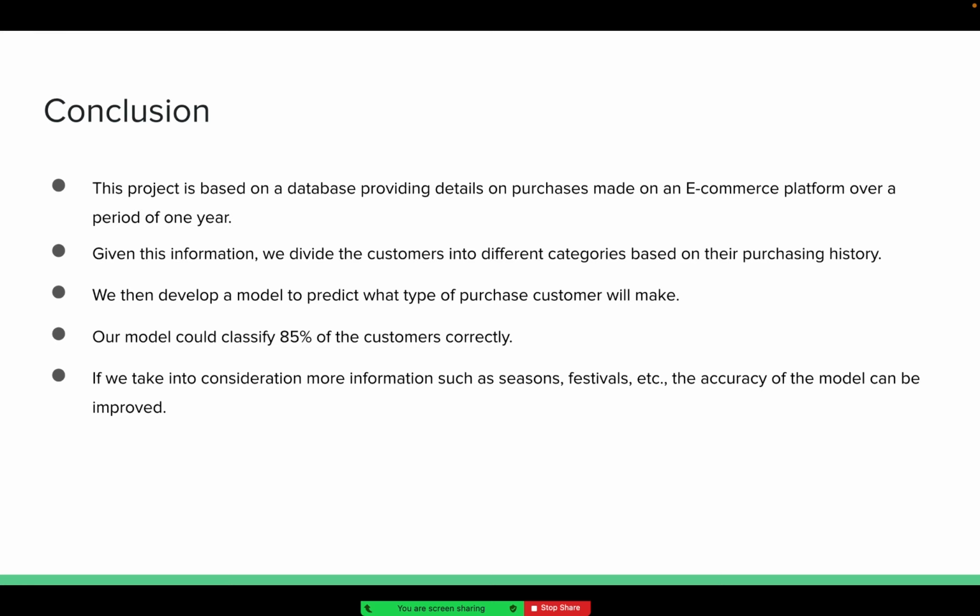So to achieve the goal, we ended up dividing the different types of products into 5 different clusters, and then we divided the types of items that a customer would buy into 11 different clusters, and we saw that our model could classify 85% of the customers correctly.